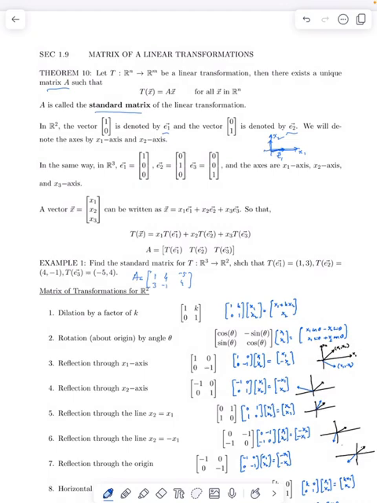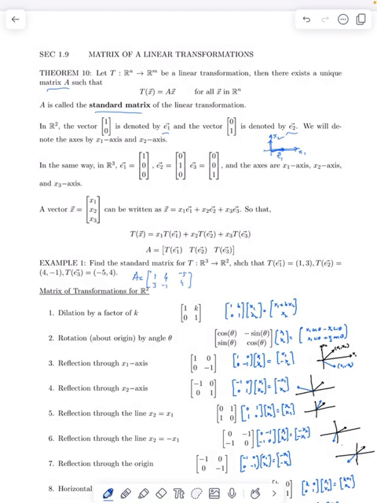Now in R3 we will have 3 vectors, in R4 we will have 4 vectors, and so on. So in R3, E1 is going to be 1 0 0. The way you can figure out what E1, E2, E3 are depends on what axes we are talking about. Only one component of the vector will be 1, and the rest of the components will be 0.